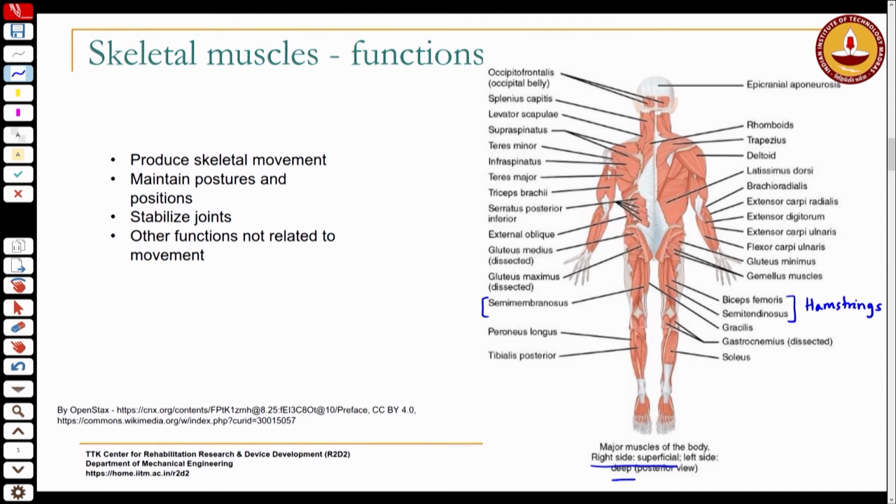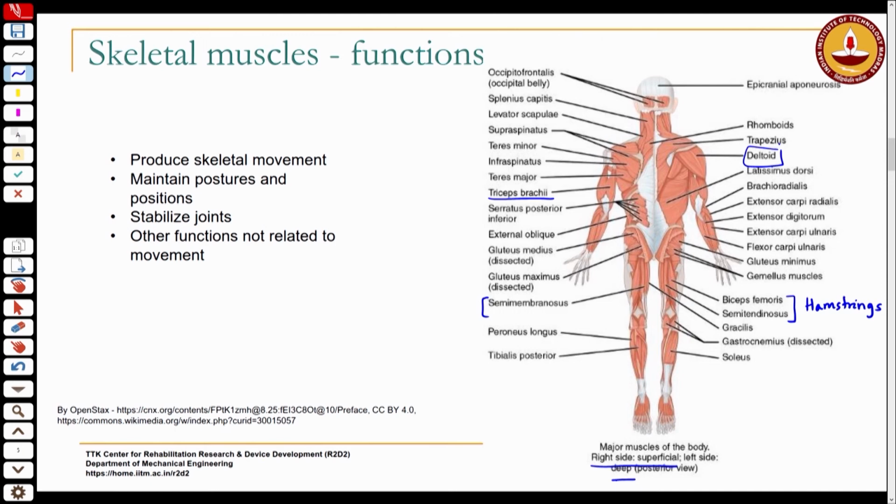Then in the arm we will talk about the triceps. You are all familiar with the triceps brachii muscle in the arm. So, this is again on the posterior side of the muscle. Then another set of muscles are in your shoulder, what are called the deltoid muscles.